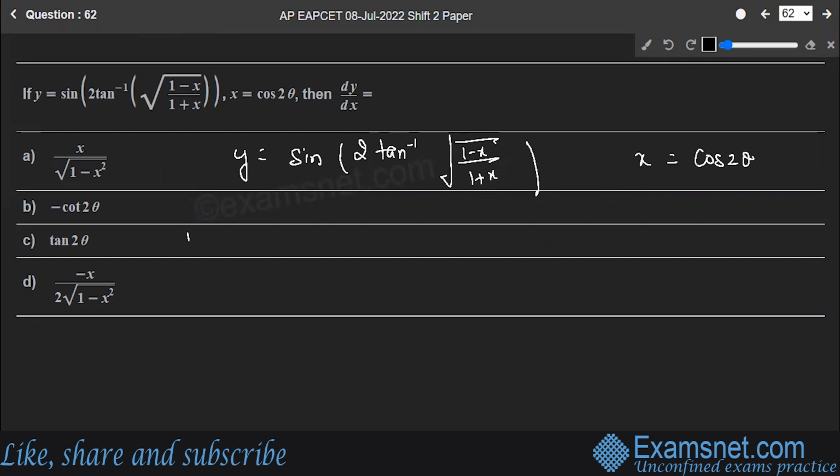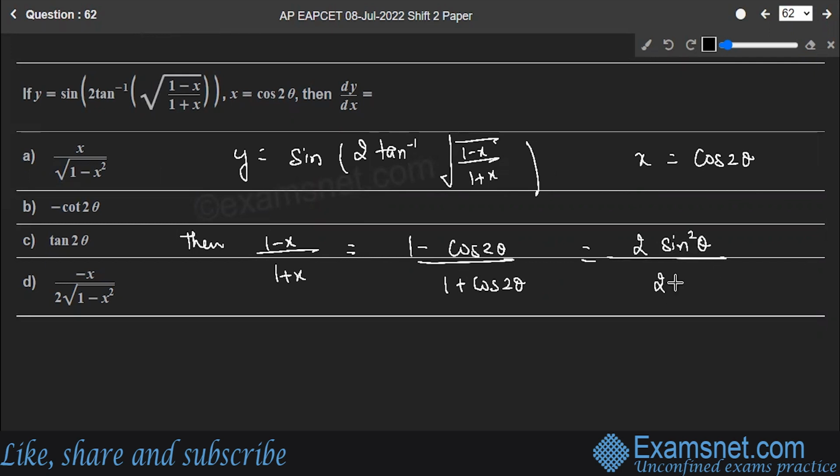Then 1 minus x upon 1 plus x can be written as 1 minus cos 2 theta upon 1 plus cos 2 theta. This is equal to 2 sine square theta upon 2 cos square theta, which is equal to tan square theta, right?